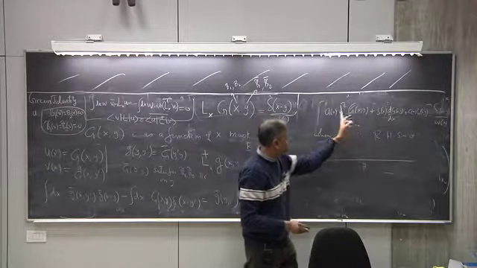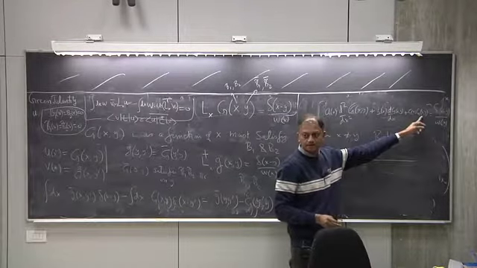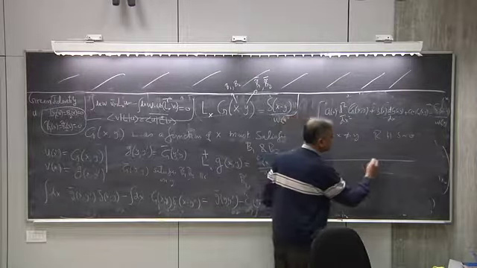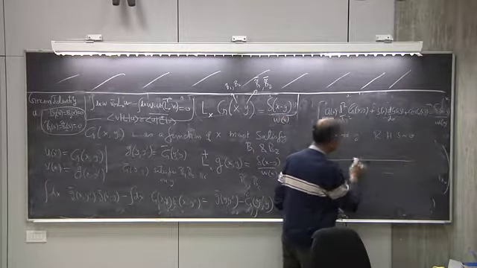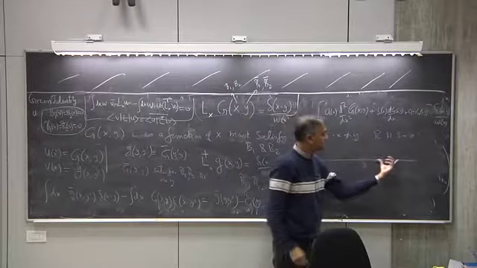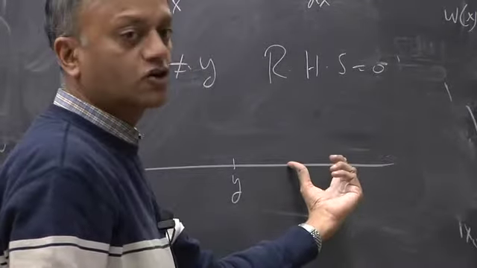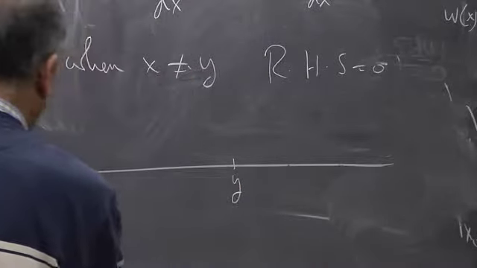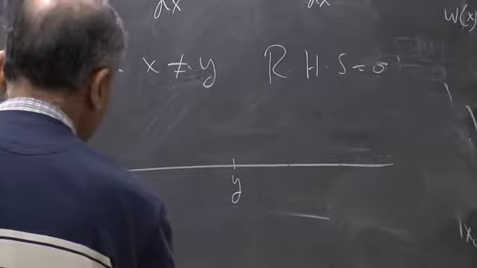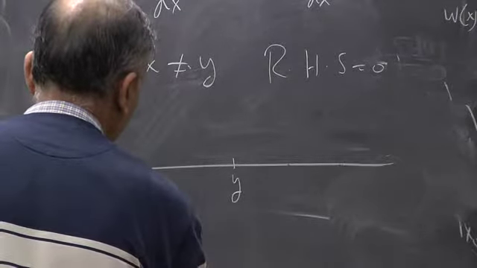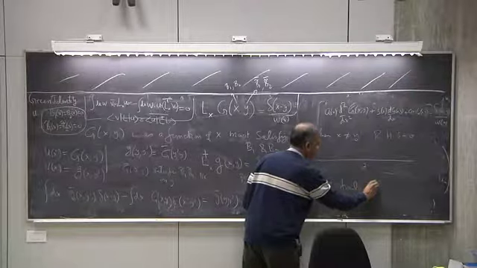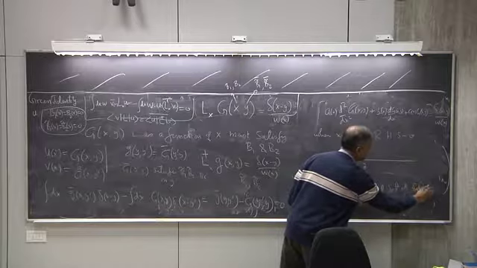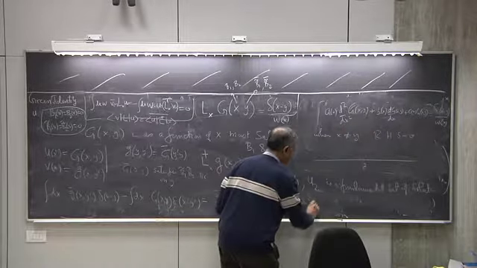I fix y because, as far as this equation is concerned, I am only varying with respect to x. In each of these regions, the Green's function must be a linear combination of two functions. Suppose u1 and u2 are a fundamental set of linearly independent solutions of the homogeneous equation.